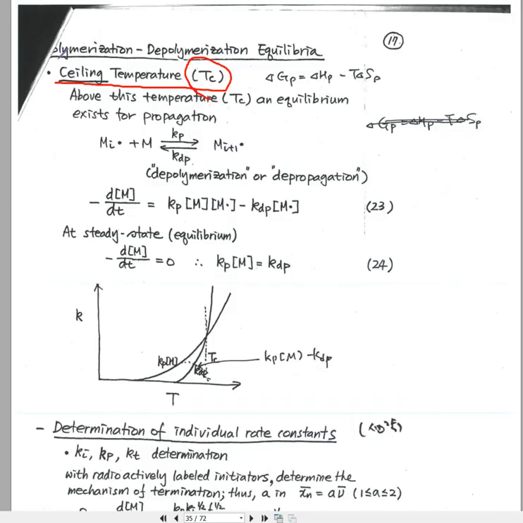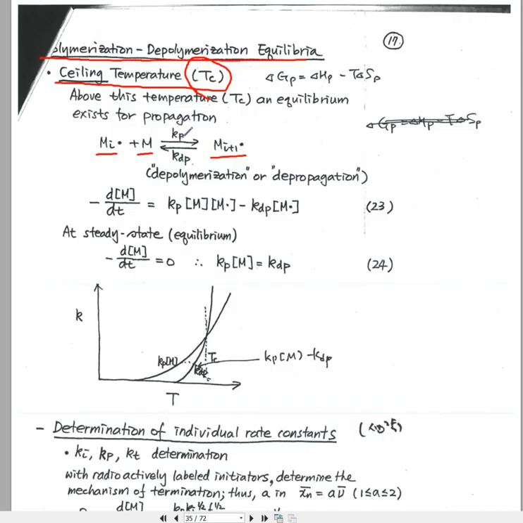If you consider the propagation, let's say that this radical reacts with monomer and forms a longer chain. In this reaction, we should consider the forward reaction and also the reverse reaction, because this reaction could be reversible, right? So we have to consider polymerization and depolymerization equilibria.